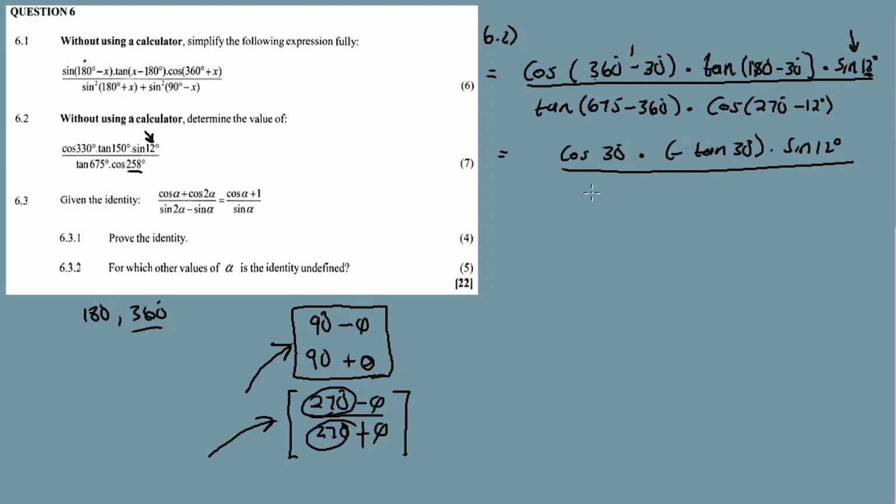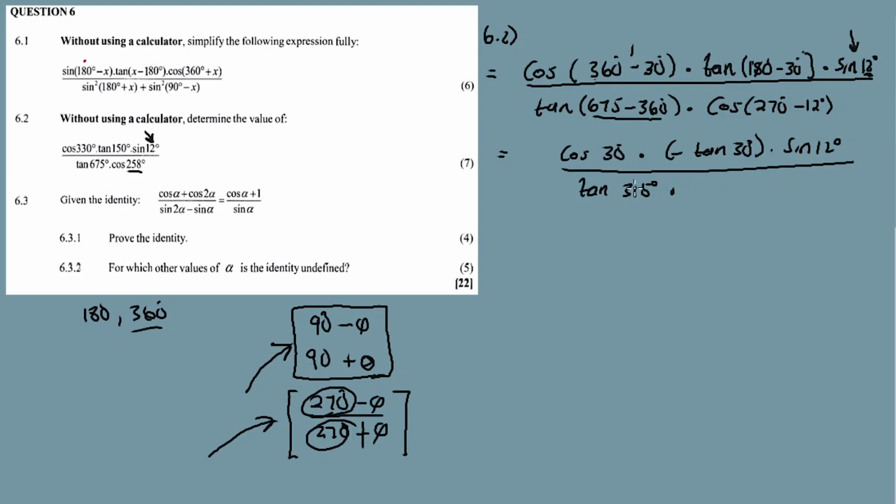Then 315 tan 315 multiplied by, remember this, the thing is not a reduction formula, but just a way you look at it to reduce this huge angle. So I subtract 360 because it has gone past the revolution. So 675 minus 360 gives 315.